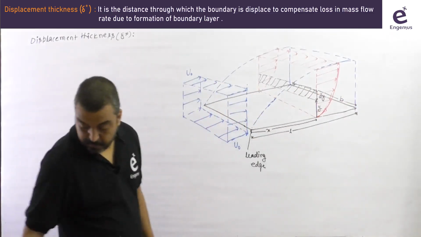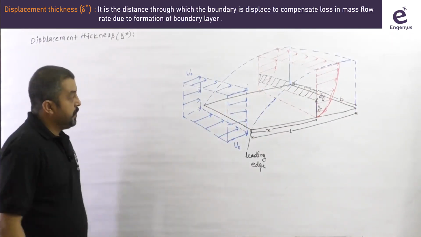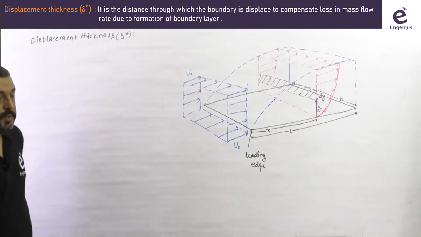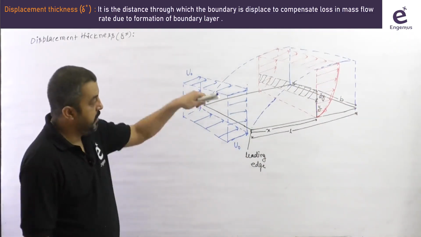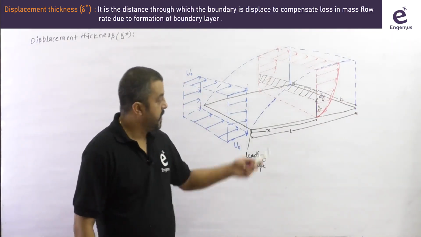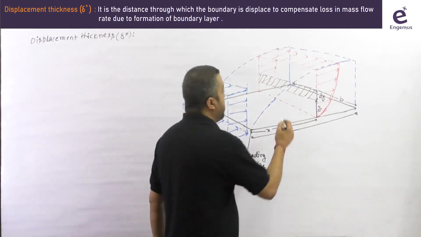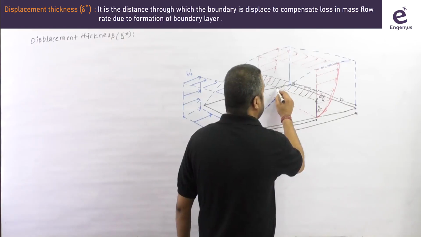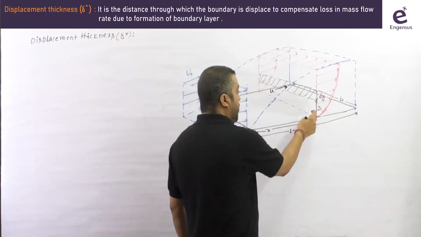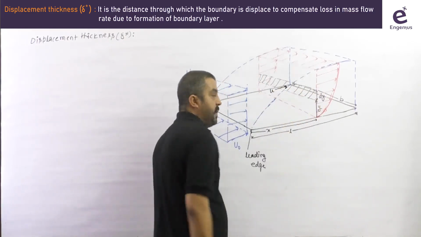Obviously the velocity through this strip will be less than u naught. The local velocity is definitely less than u naught here. So I'm saying the velocity going through this strip is u. So u is the velocity at a height y through the strip dy here.